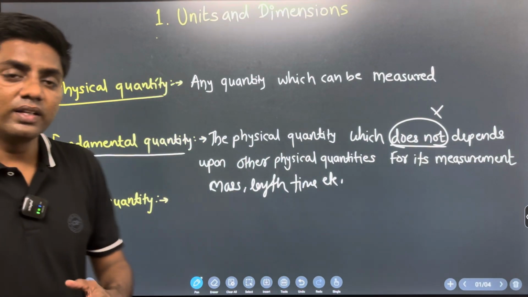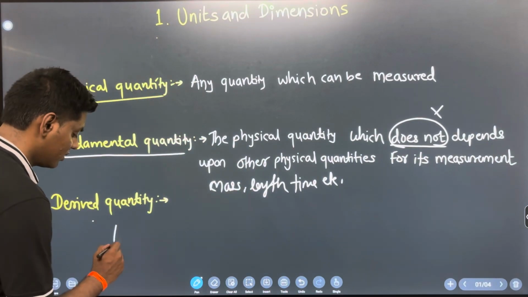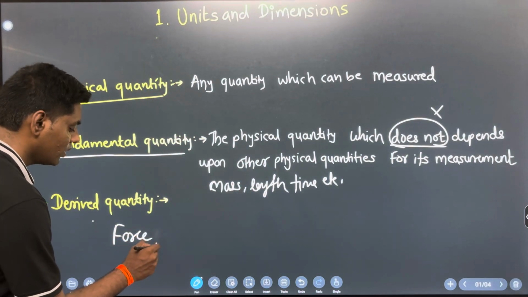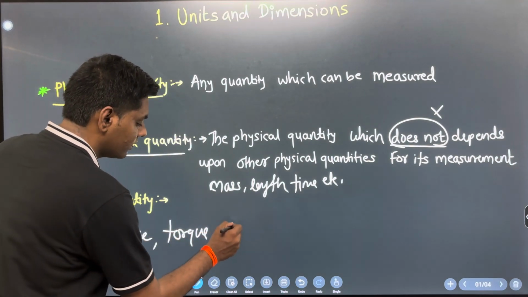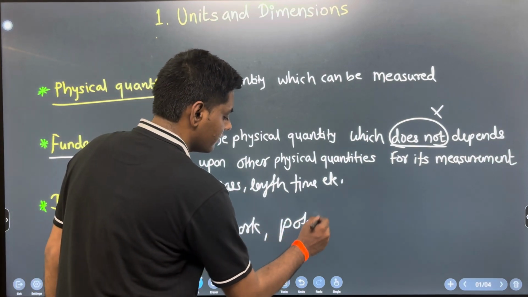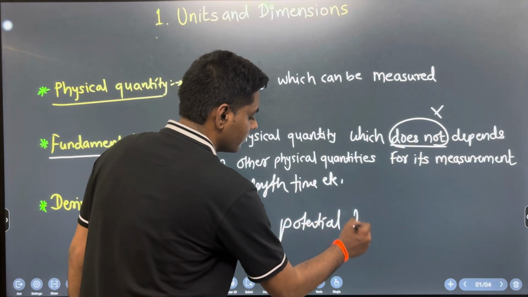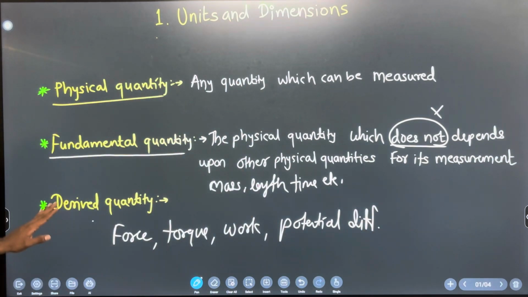Remember that there are many derived quantities. Some examples are force, torque, work, potential difference. These are some examples of derived quantities.